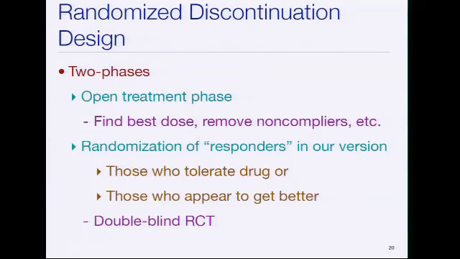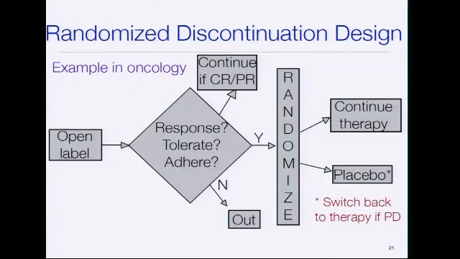So patients will continue on to the second phase if they seem to be responding, or if they're able to tolerate the drug. And then we'll randomize the successful drug takers or the responders in the second phase to either continue on the drug or to go to the control treatment, and there'll be a double-blind randomized clinical trial at that second phase.